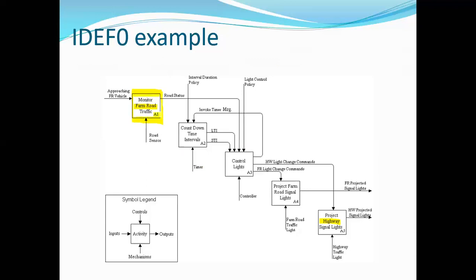We define it as A1. This is process 2, defined as A2. This is the input, and this is the output from the first process going to the third process. Also, the third process A3 needs the input from the second process. But we see here that processes A1 and A2 have no relationship; they are parallel processes.